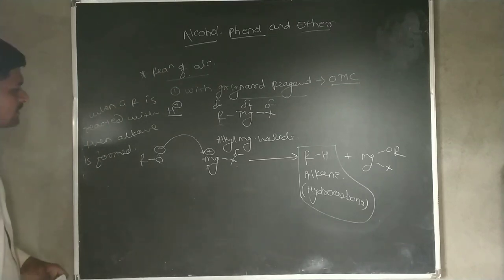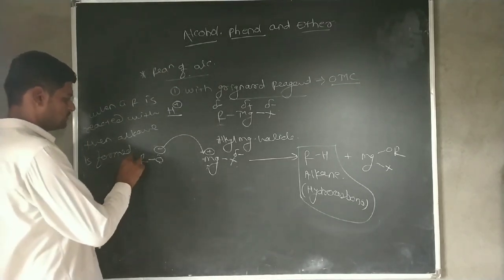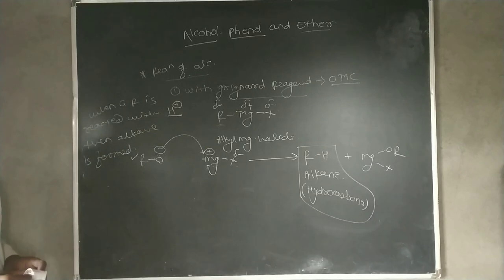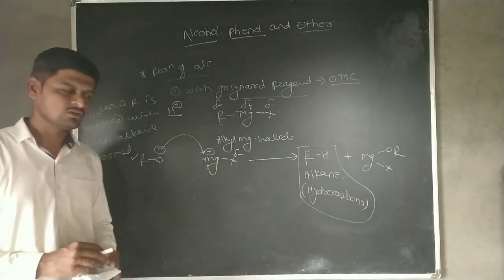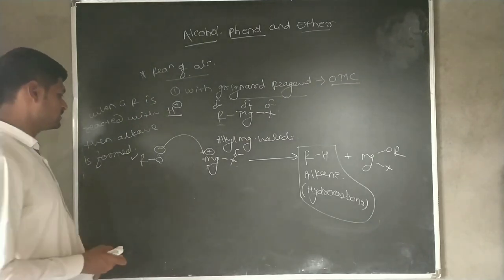This is the main reaction. When alcohol is reacted with the Grignard reagent, it forms the hydrocarbon, that means it forms alkanes. This is the most important reaction.